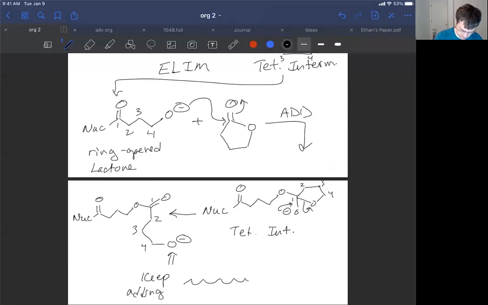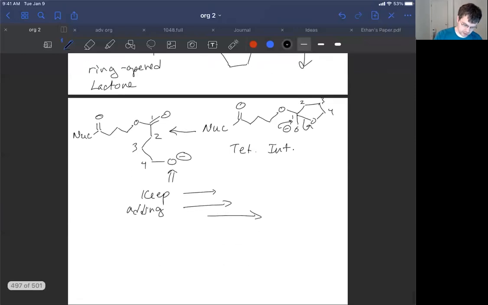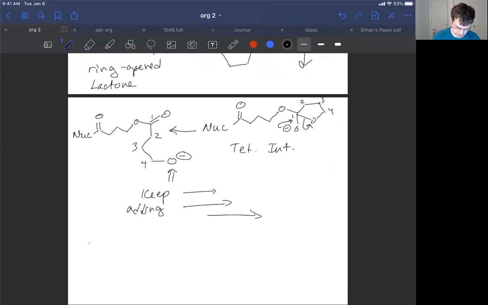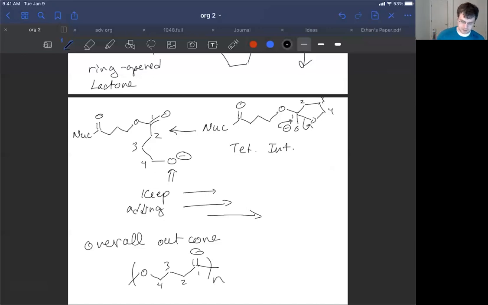So we keep incorporating, one at a time, these lactones through ring opening, and then the overall process is we have this repeat unit where we've got carbonyl carbon 1, 2, 3, 4 atoms away from our ester oxygen. Then we have this polymer structure.